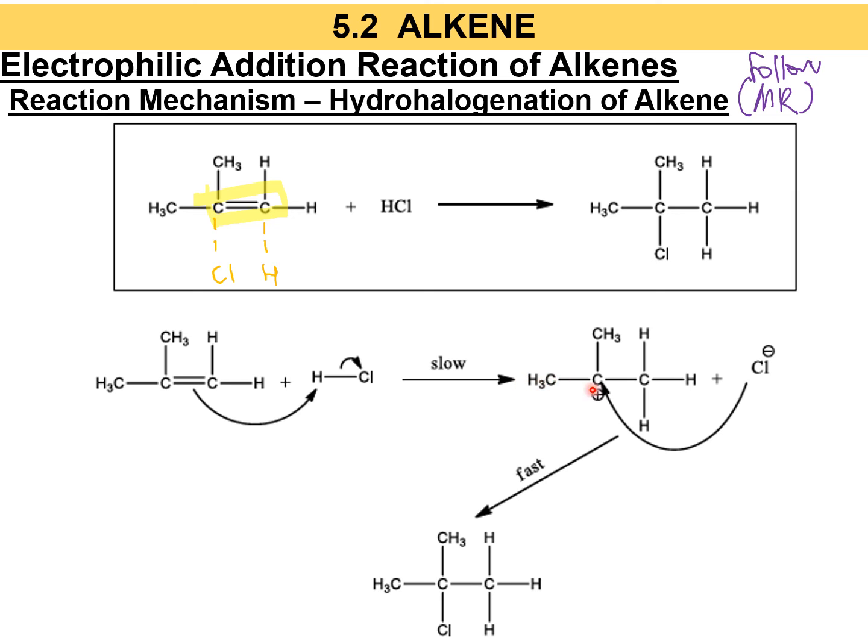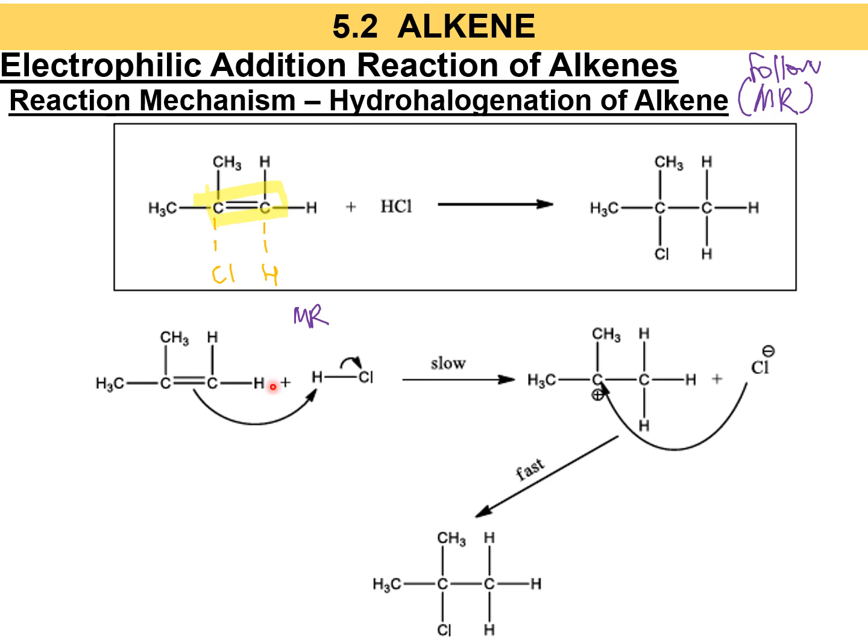Okay, and next what happen is, kan bila let's say this double bond dia attack hydrogen atom, makanya one of the carbon-carbon double bond ni dia akan dapat positive charge, and then one of the carbon double bond ni akan receive the hydrogen. So if you want to know which carbon yang dapat positive charge, which carbon yang dapat hydrogen tu, you have to remember about Markovnikovs Rule.